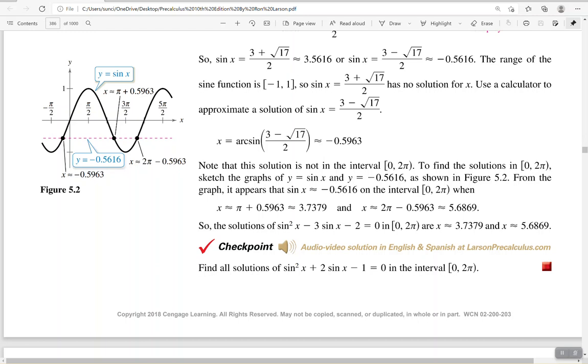So nothing from here. Impossible for the first one. Then we look at the other one, negative 0.5616, so about here. And you can see the x. You can also do this as the arc sine of that. That's what you get. Do it in your calculator.